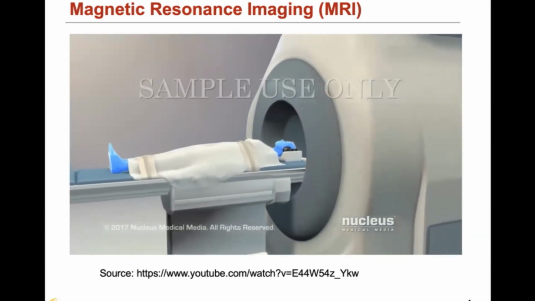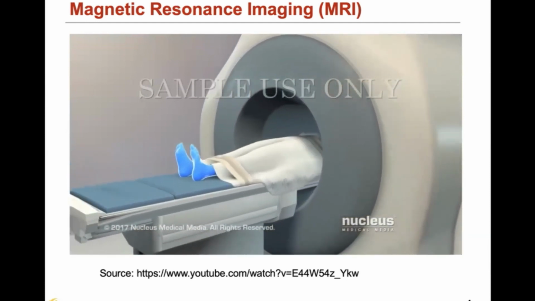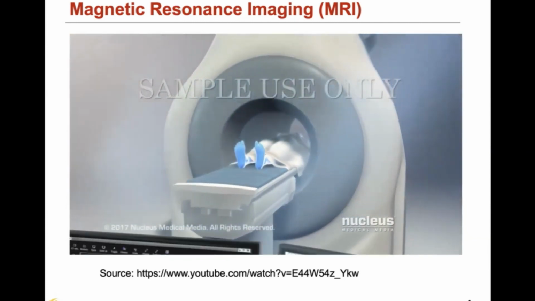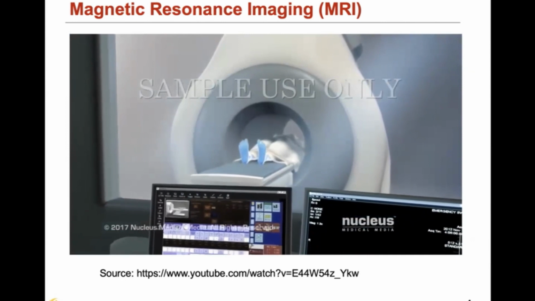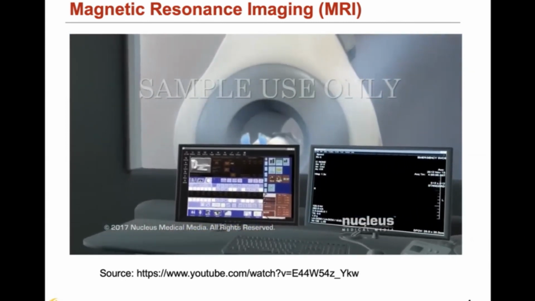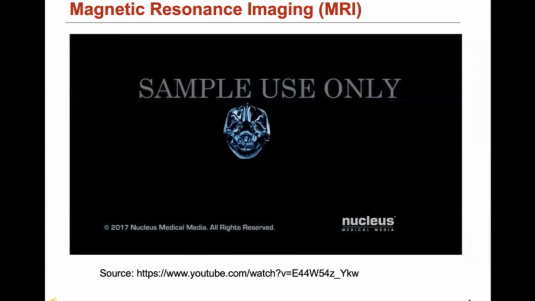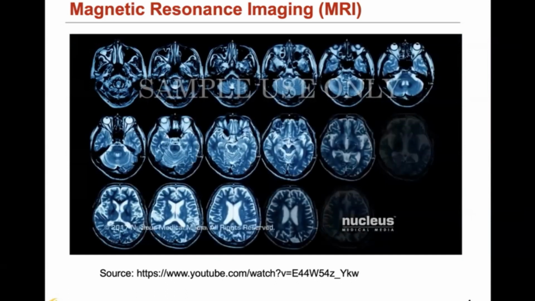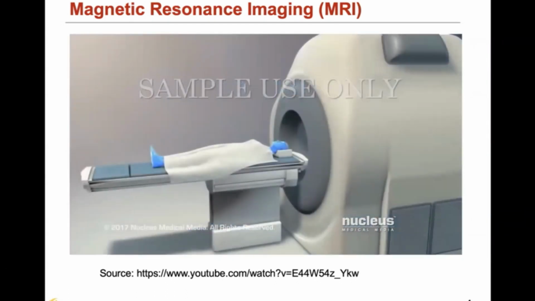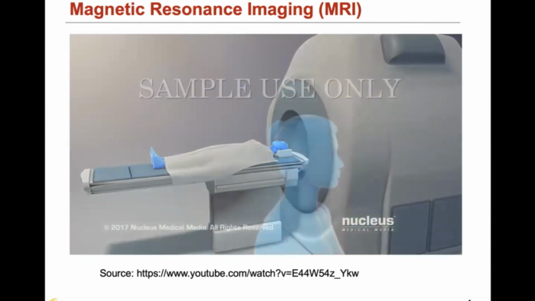Magnetic resonance imaging, commonly known as MRI, helps doctors find, watch, and treat medical problems. MRI uses very strong magnets, radio waves, and a computer to make pictures of the inside of the body. MRI pictures are more detailed than those made with other methods. There are many reasons to have an MRI.